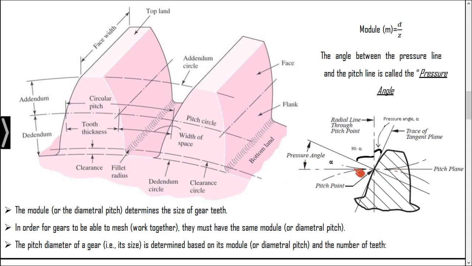If you draw a tangent to the pitch circle, and measure the angle between these two lines, the normal and the tangent, that is going to be the pressure angle. Usually the pressure angle is 14.5 degrees, and the details will be covered in the coming slides. So this is the pressure angle. Pressure angle is the angle measured between the tangent to the pitch circle and the normal at the pitch point.